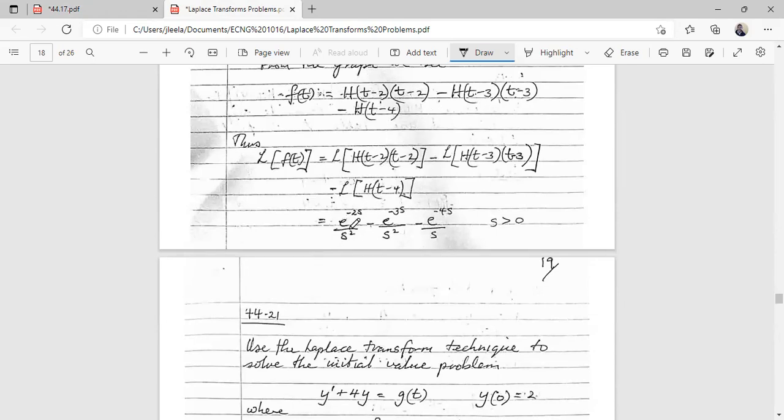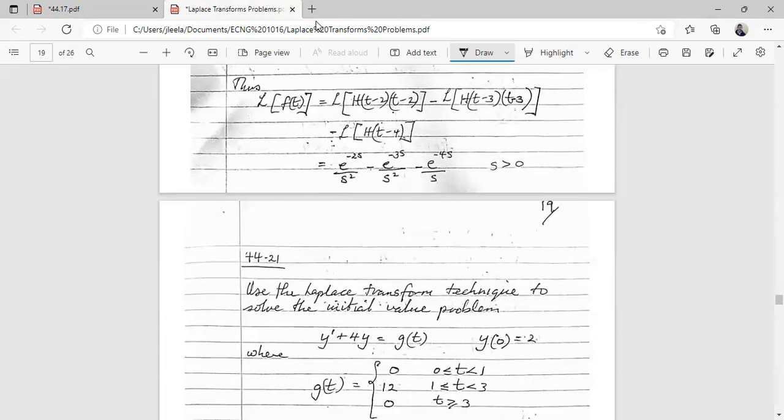The Laplace of the first one is e to the minus 2s over s squared. The second one is e to the minus 3s over s squared. And the third one is e to the minus 4s over s, because this is just the Heaviside alone, and s is greater than 0. I wanted to make sure you get that clear.